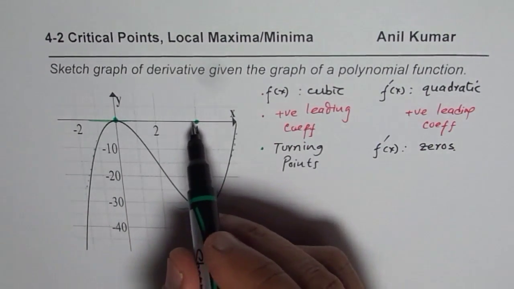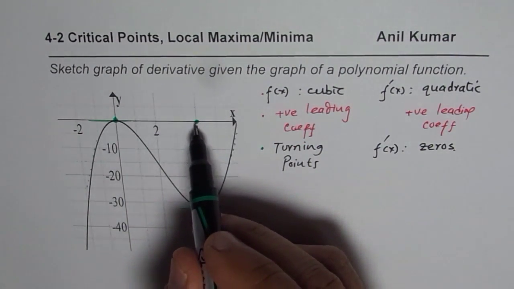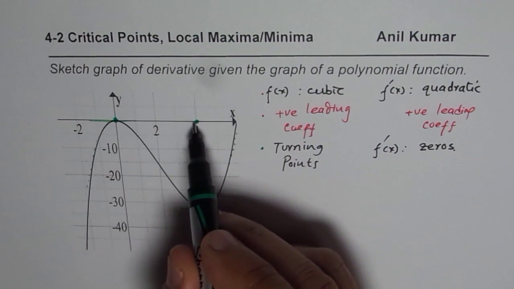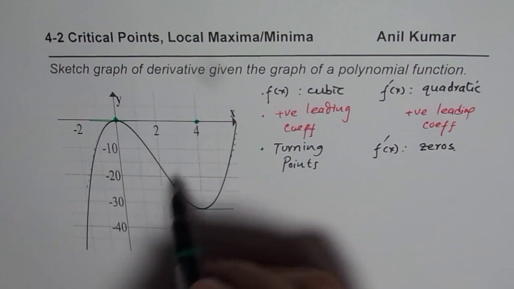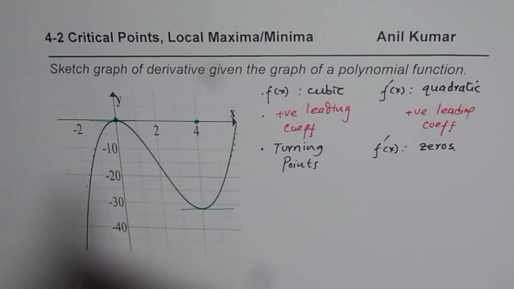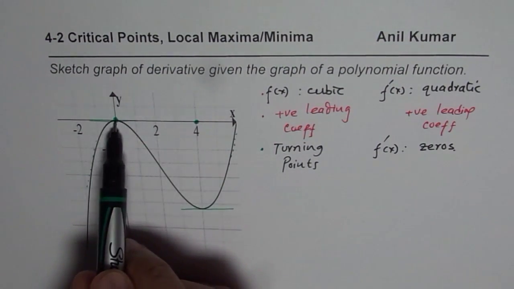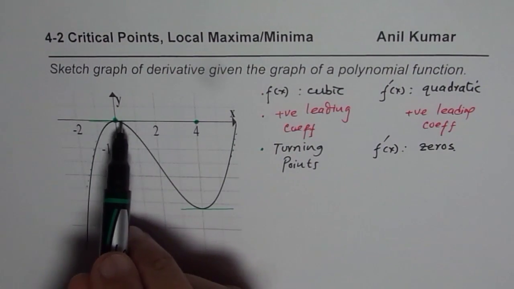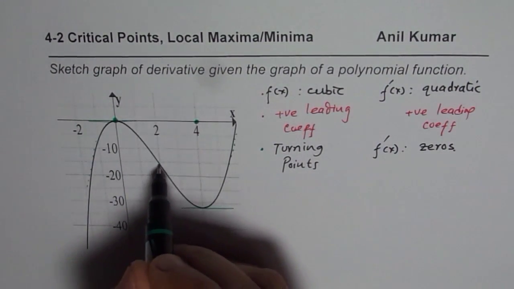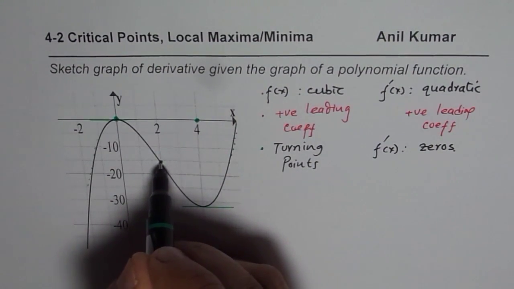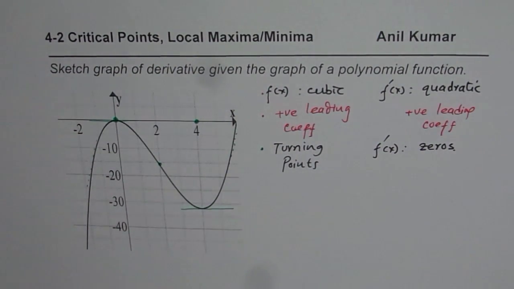What we may like to figure out is the minimum value of this parabola. To find that value, we can look at the axis of the parabola, in this case x equals 2. So the point on the curve at x equals 2 is marked now.